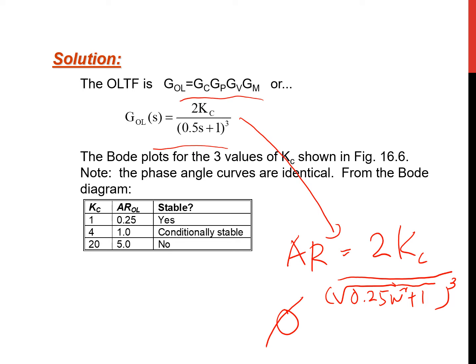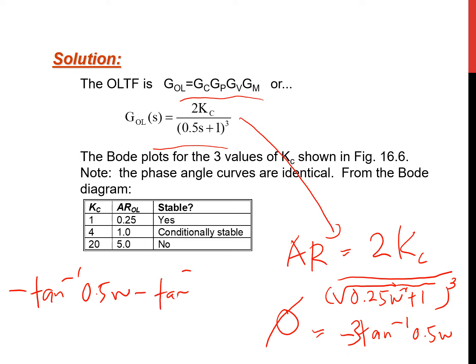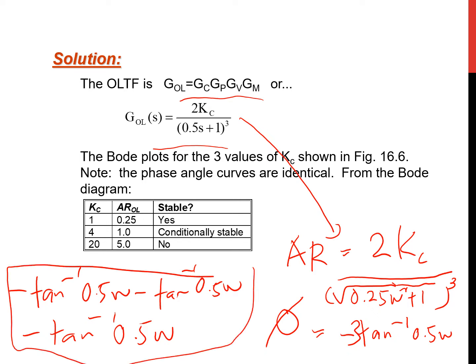And for the angle, you will have negative 3 inverse tangent 0.5ω, because you have three terms: negative inverse tangent 0.5ω, minus inverse tangent 0.5ω, minus inverse tangent 0.5ω.